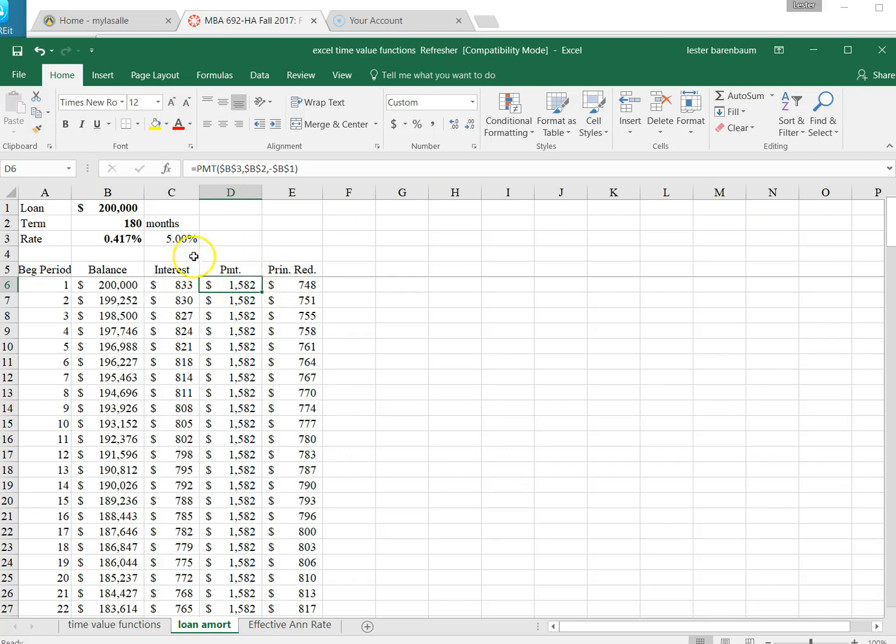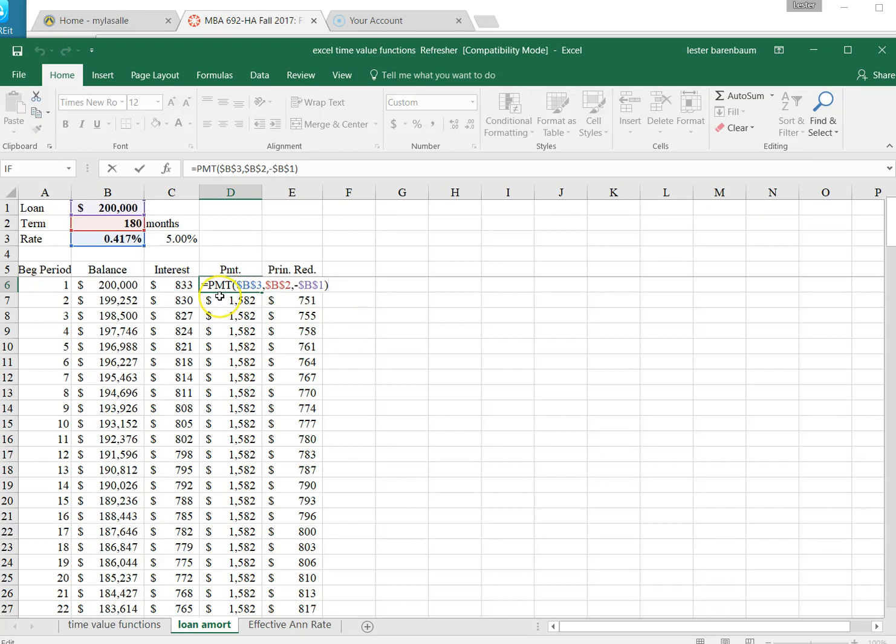So in this example, we're borrowing $200,000 for 15 years, or with monthly payments, so it's 180 months. We're borrowing money at 5%, or at a monthly rate of 0.417%. First, using Excel, we solve for the payment.